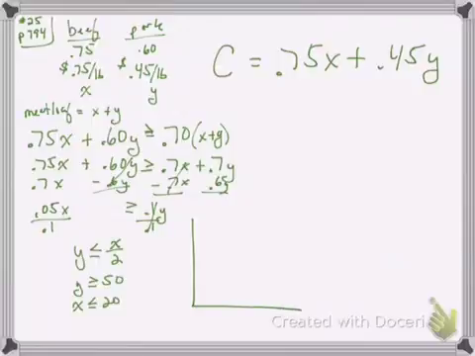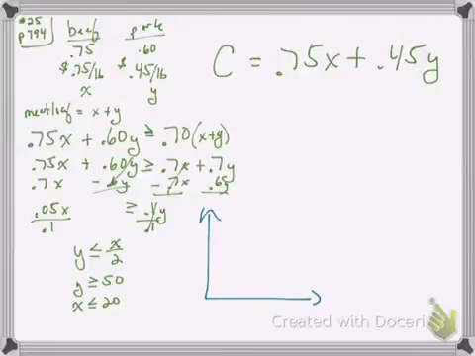So let's work that out. We have our axes. Actually, let's put that into a different color so it's easier to see. We have our beef and we have our pork.